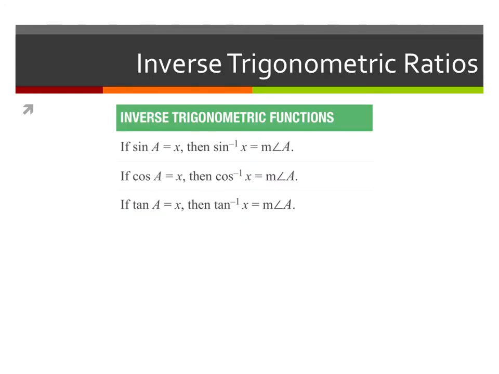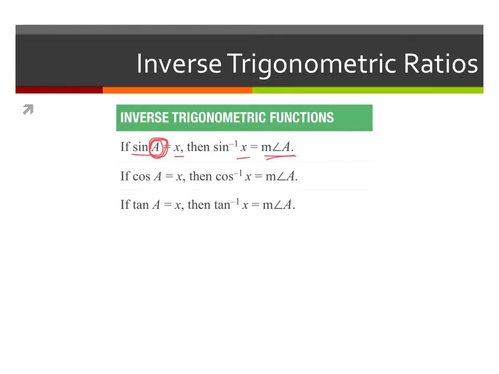It says if sine of A, the ratio of the opposite and the hypotenuse, is some number x, that means the inverse sine of that ratio is the angle measure.